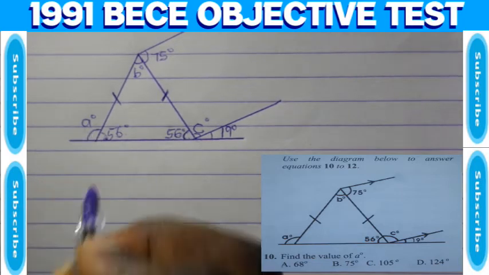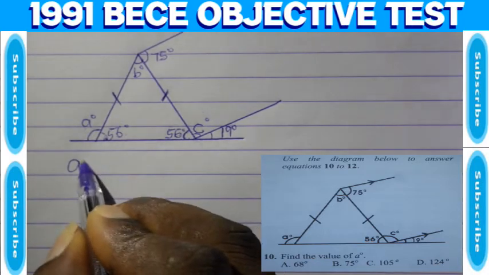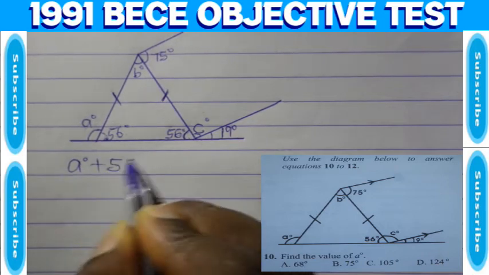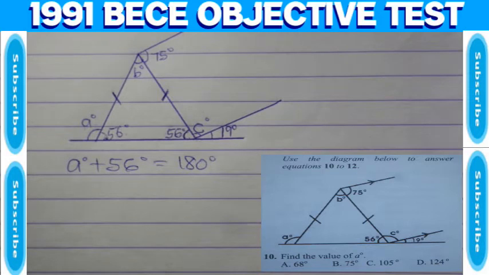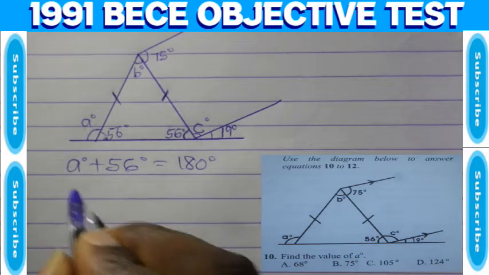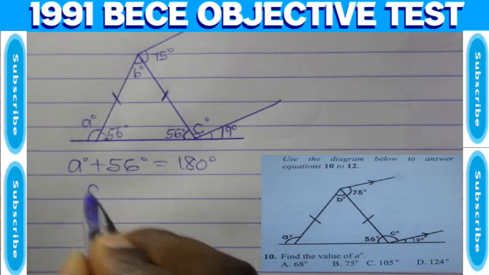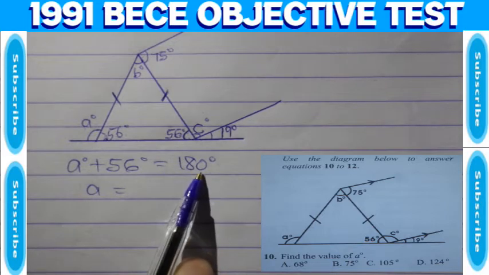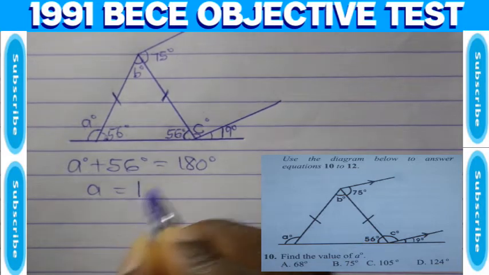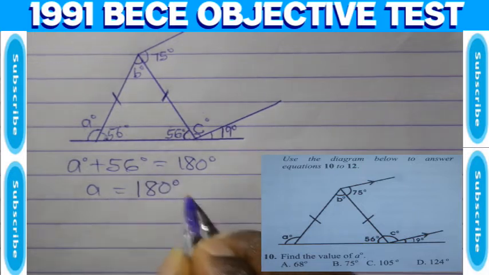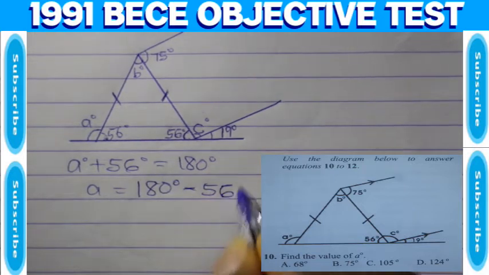So to find A, it is A plus 56 degrees equals 180 degrees. So to find the value of A, we subtract 56 degrees from 180 degrees. So A is equal to 180 degrees minus 56 degrees.